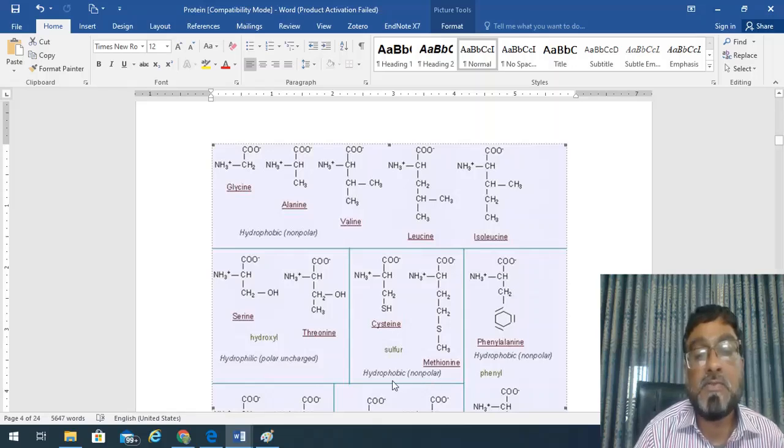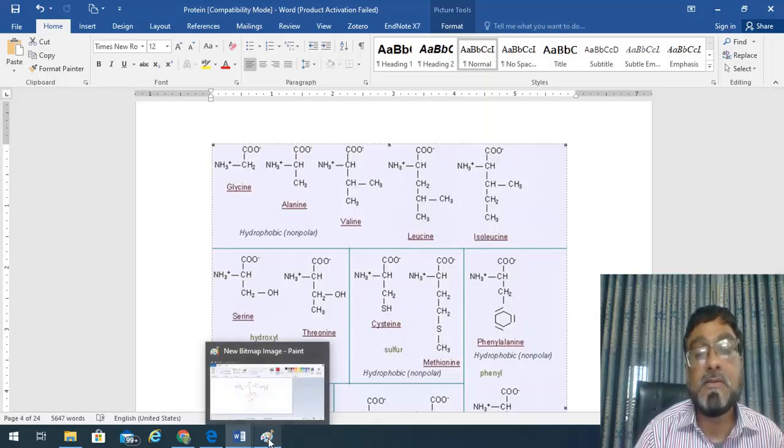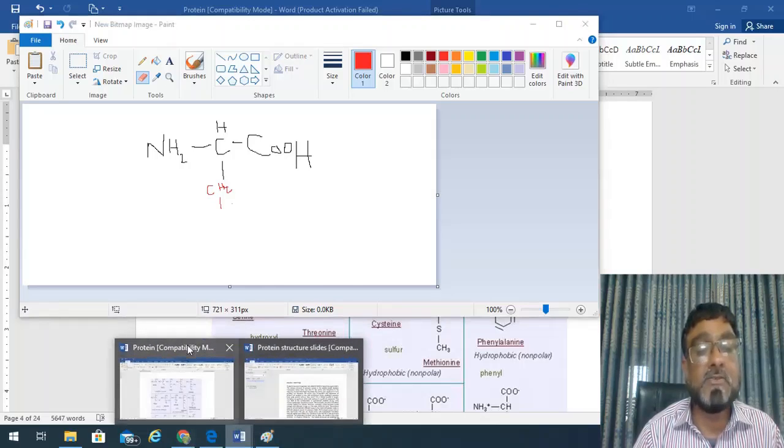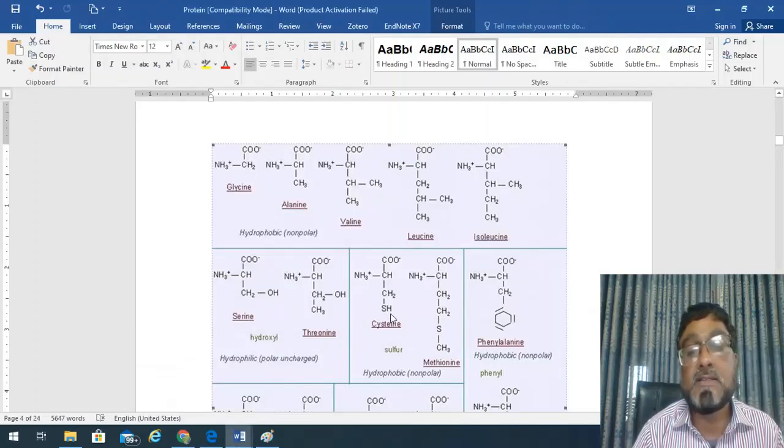So first of all, we will be looking at the cysteine. The basic structure is the same. This is the basic structure, CH2, and because this is sulfur containing, we will be adding the sulfhydryl group here, SH.